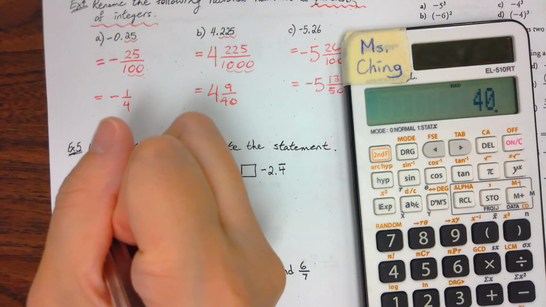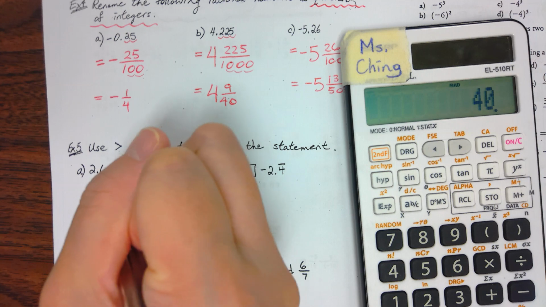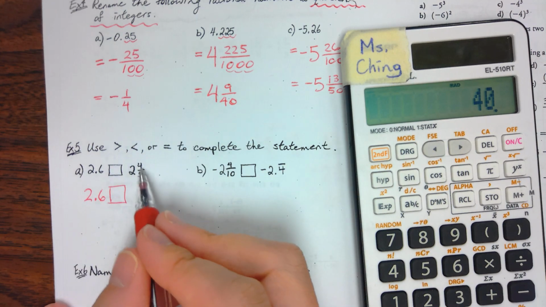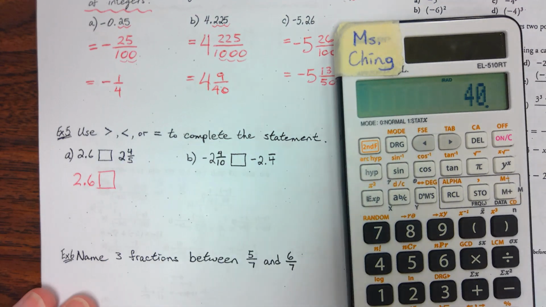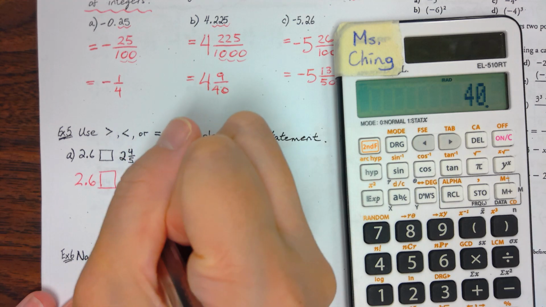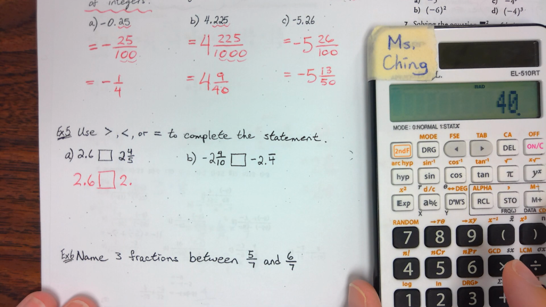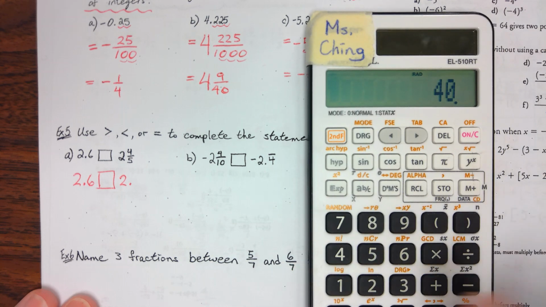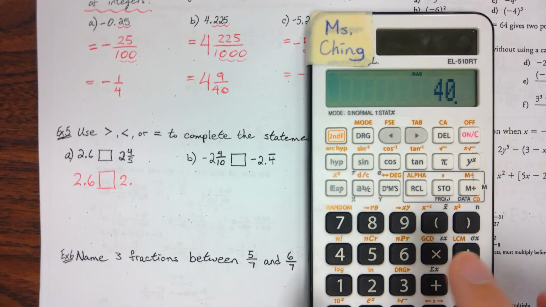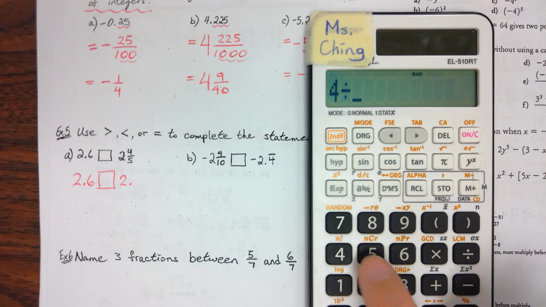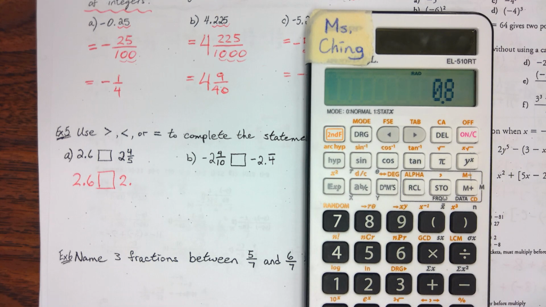So the easiest way to do these questions is to change it to a decimal. So 2 and 4/5, I know it's going to be 2 point something. What is that, Charles? 8. That's right. 4 over 5 means the same thing as 4 divided by 5.